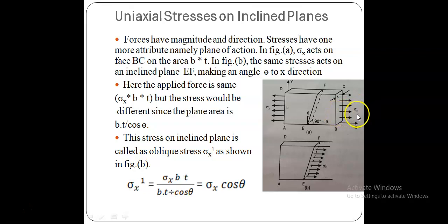Now our interest is to find the normal stress and shear stress on this inclined plane, where theta is referred with respect to the x plane, at an angle theta. Okay, let us start now.